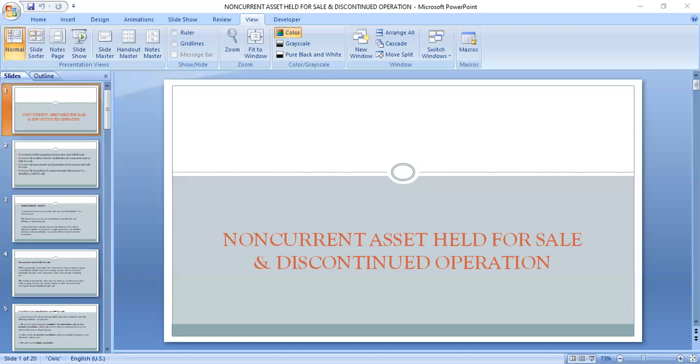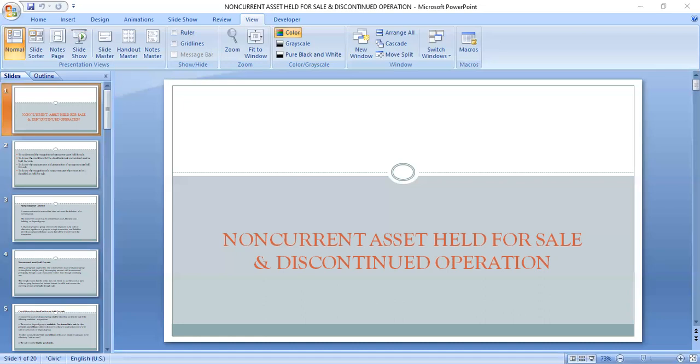PFRS 5, paragraph 25 further provides that a non-current asset classified as held for sale shall not be depreciated. So naturally, it shall not be depreciated because you are already planning to sell it. Write down to fair value less cost of disposal.